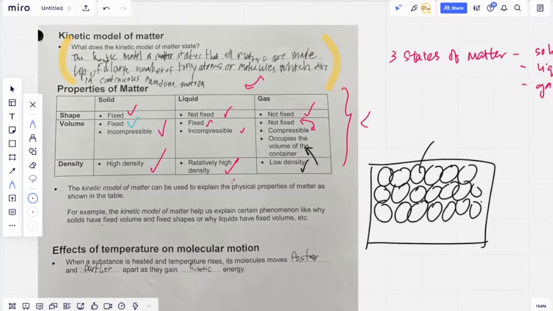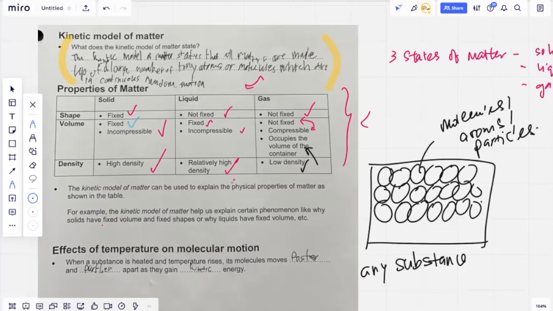These molecules, atoms, and particles in any substance are always moving in continuous random motion.